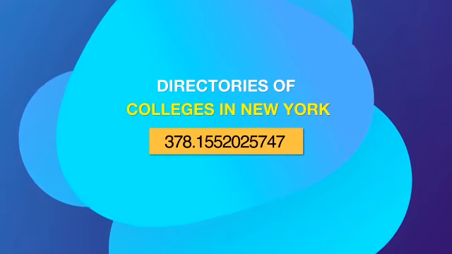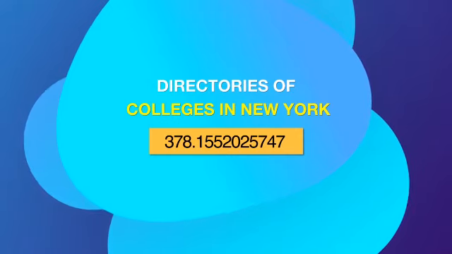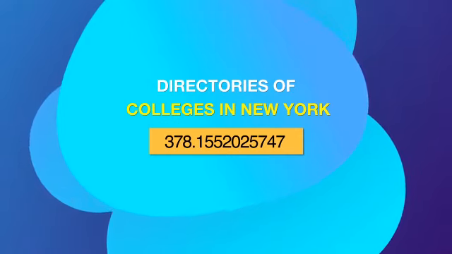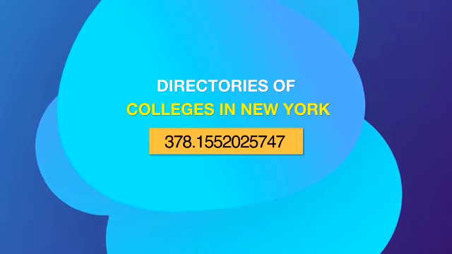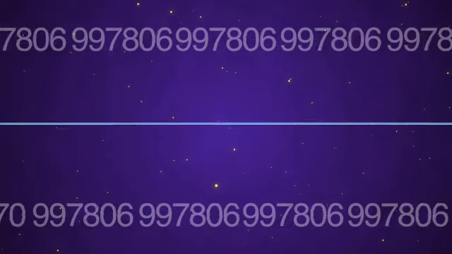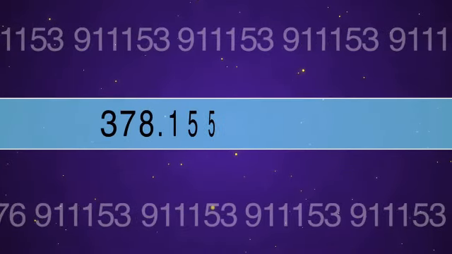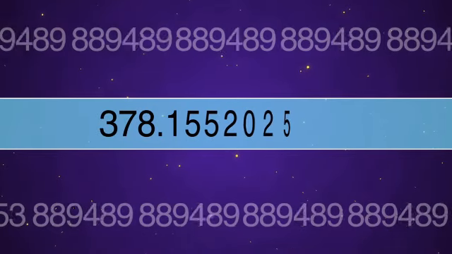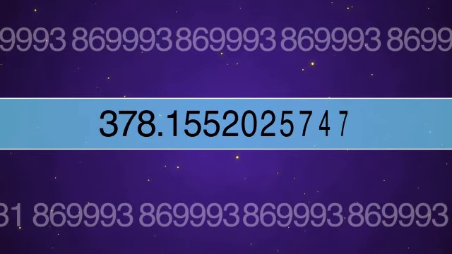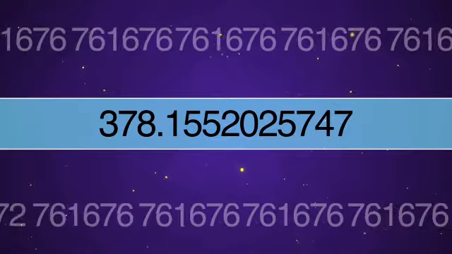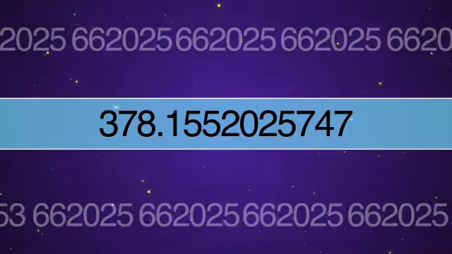Now we have to add here the number for New York also. And you will find there is an instruction given under directory that you have to add the number for area after 025. No 0 required here. And New York is 747. So rightly the number is 378.1552025747.